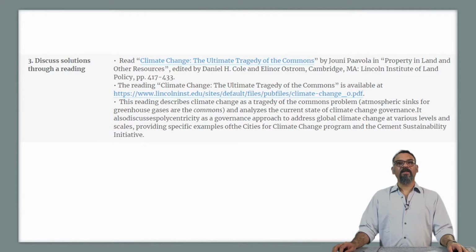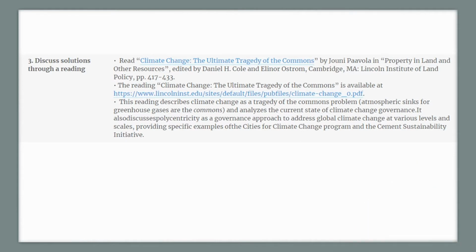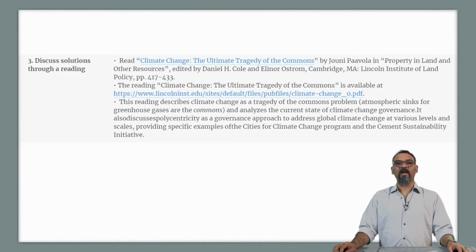Next, discuss the solutions through a reading. You can have your students read a reading titled Climate Change, the Ultimate Tragedy of the Commons, which is written by Paavola in Poverty of Land and Other Resources and is shown at the link provided here. In this reading, your students can learn about climate change as a tragedy of the commons problem, where the atmosphere sinks for greenhouse gases are the commons, and can analyze the current state of climate change governance.